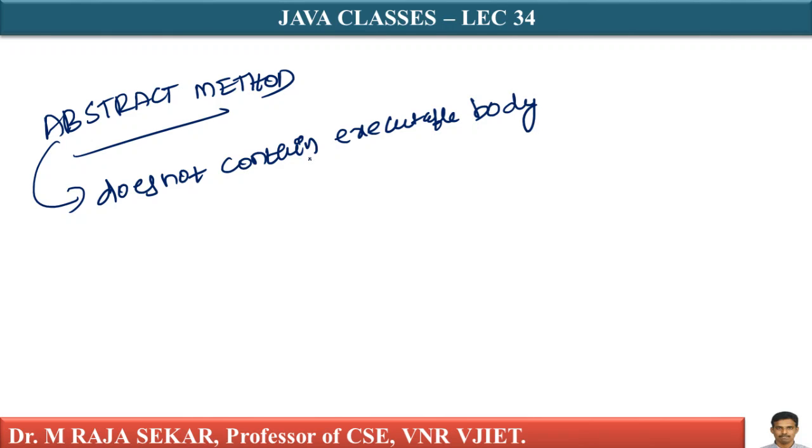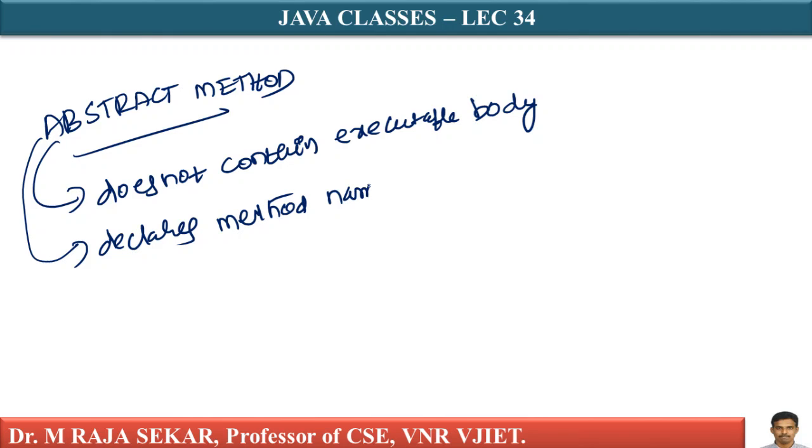I will repeat. An abstract method does not contain an executable body. An abstract method declares method name.